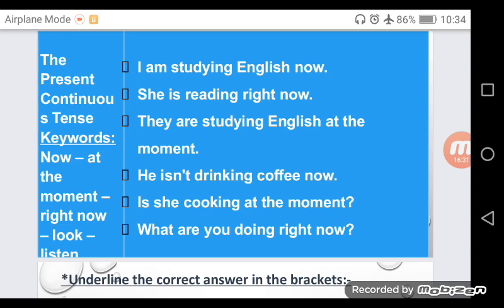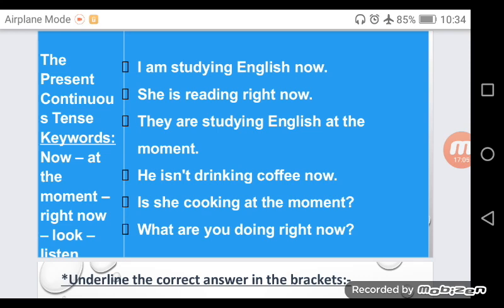Next, is she cooking at the moment? This sentence is also different because we have is at the beginning, so it is a question. We use is because the subject is she. The three parts of the present continuous in this sentence are is, cook, ing.